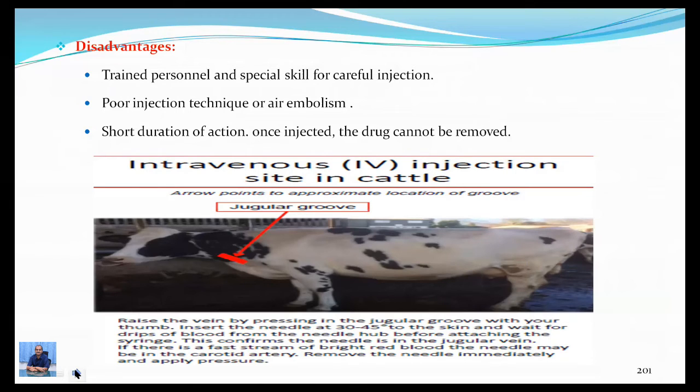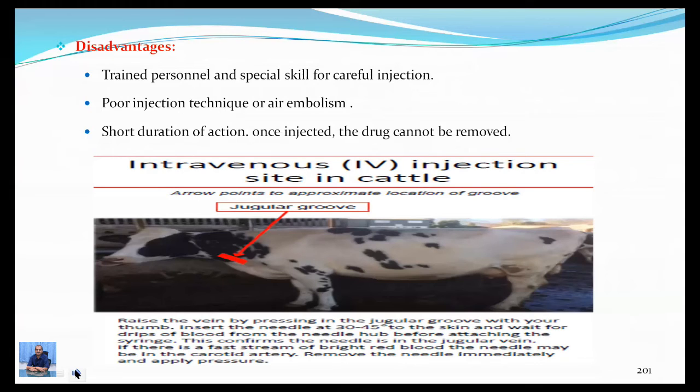At the same time, absorption is also very high, and immediately after the injection, the drug will go to the kidney and the liver. Because of this, the action of the drug becomes very short. The onset will be very fast, but prolonged action cannot be expected by this particular route.